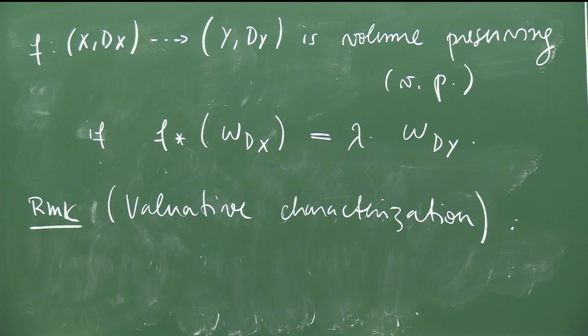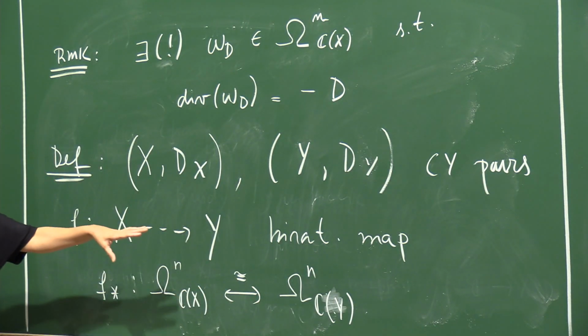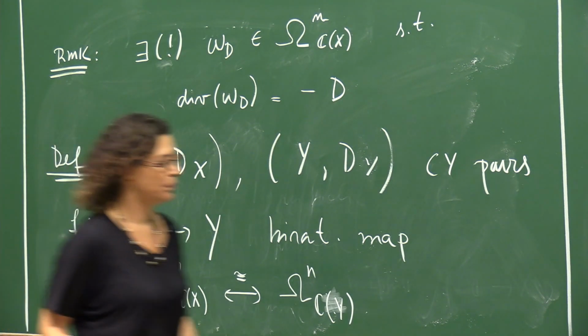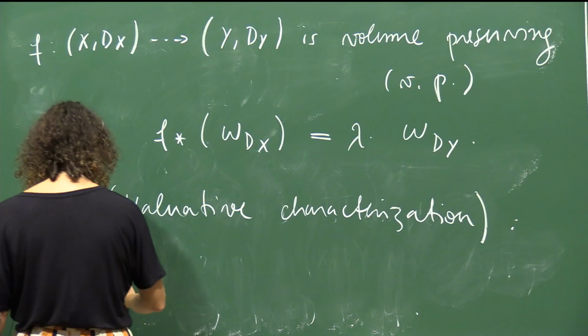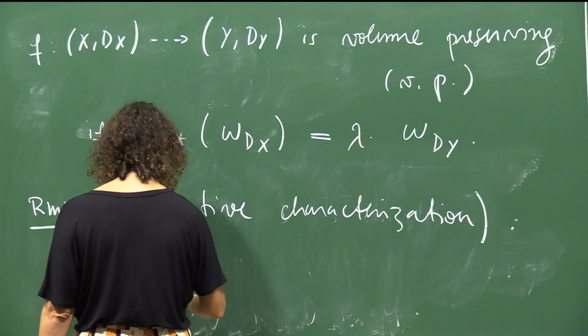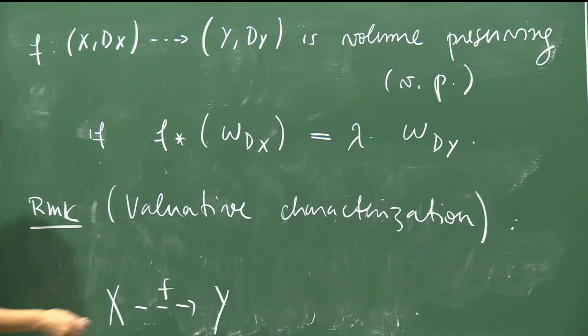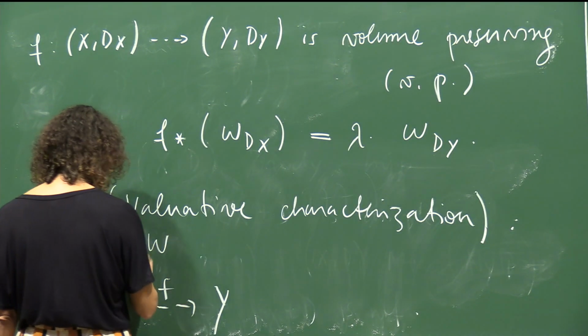Suppose you have a birational map F between X and Y, and you want to decide whether it is volume preserving or not. You can take a log resolution of this map.